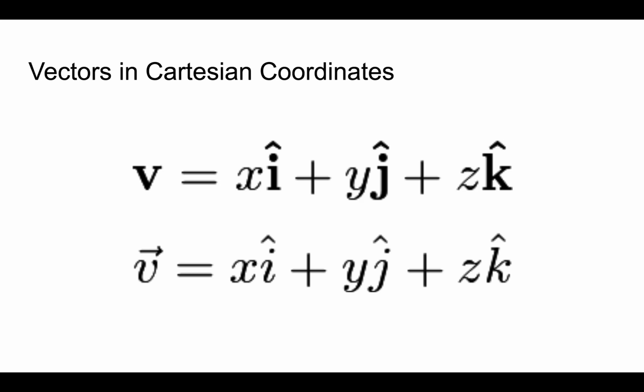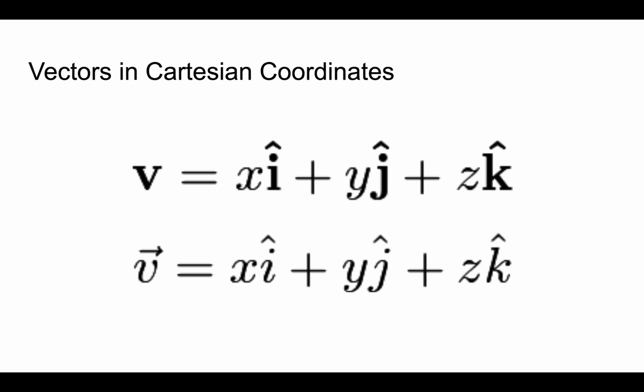Now, if you look at the first line here, this is how I will usually typeset vectors in my lectures. And this is how you will usually find vectors typeset in textbooks or in other texts. So a vector is denoted by boldface, whereas scalars are denoted by standard type.